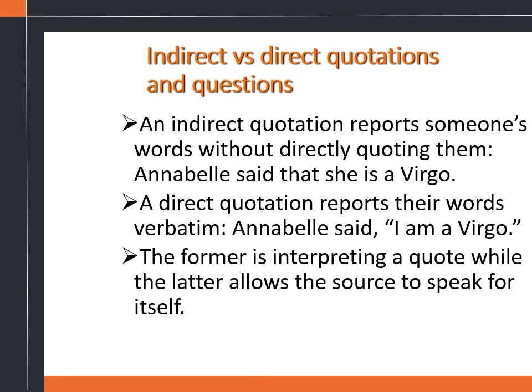You put direct quotations in quotation marks around that sentence that you are borrowing. An indirect quotation is when you're reporting what someone has said, but not exactly. You're paraphrasing. You're putting things in your own words, and you don't need any kind of quotation marks, or in the case of asking questions, you wouldn't need a question mark.